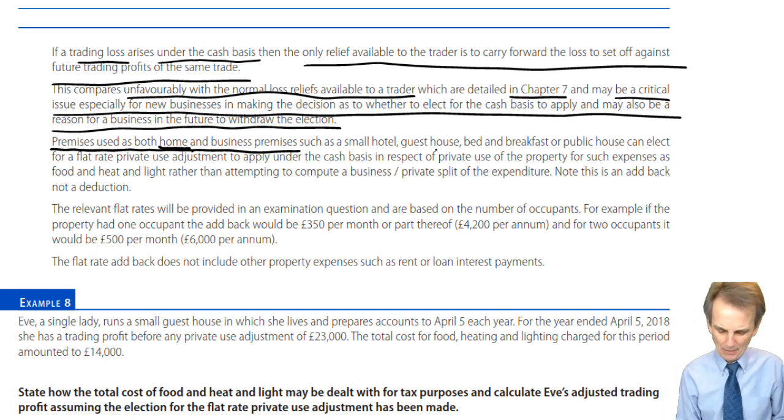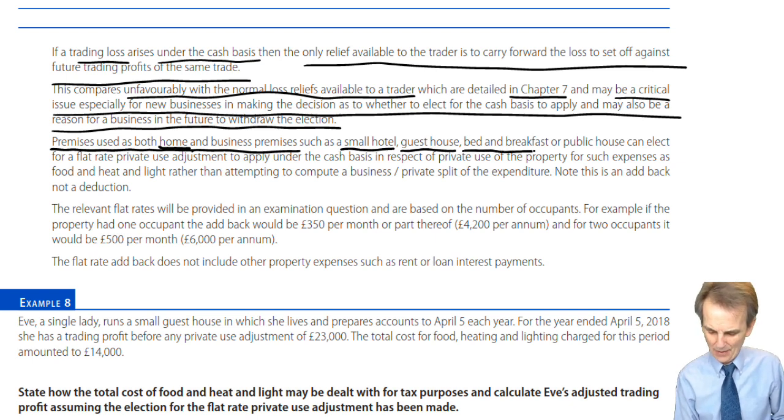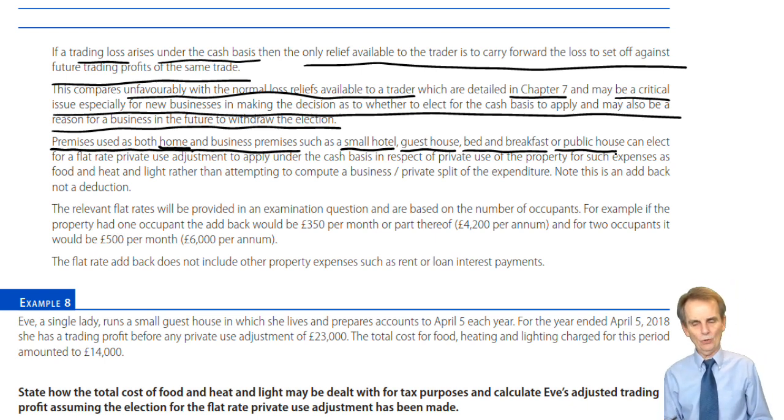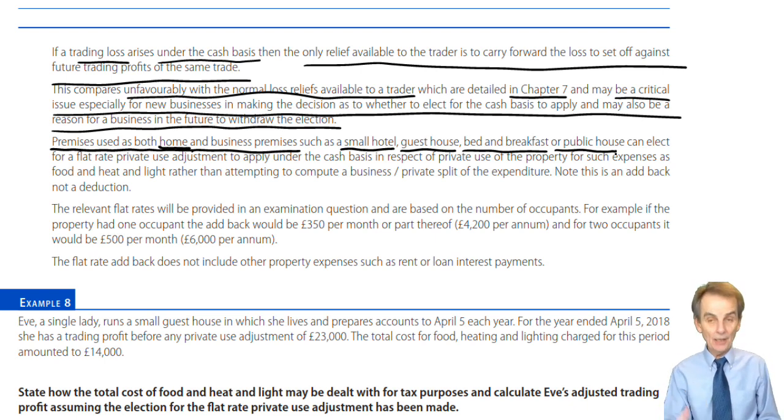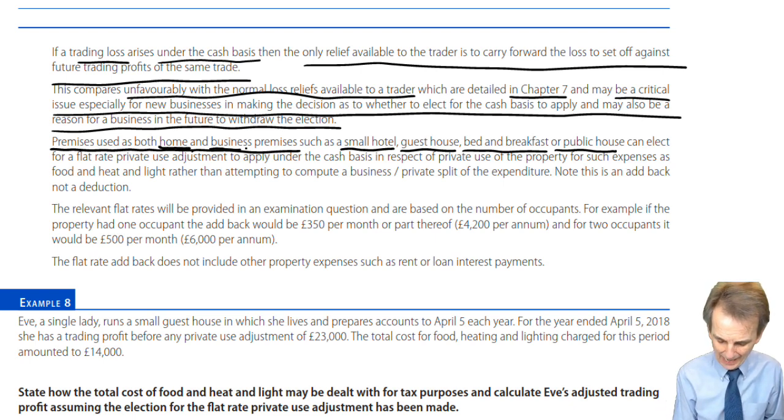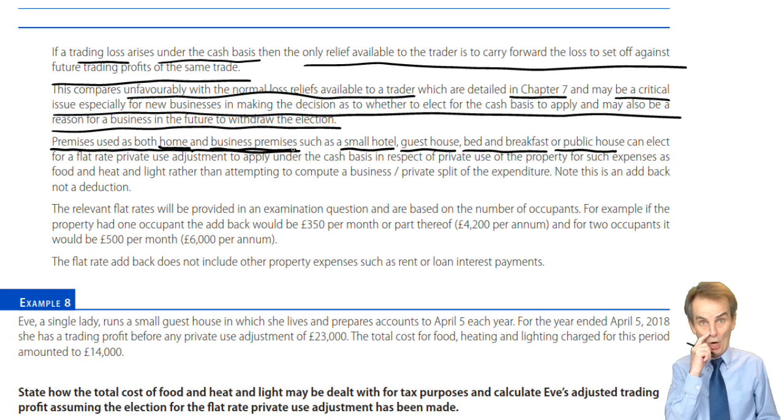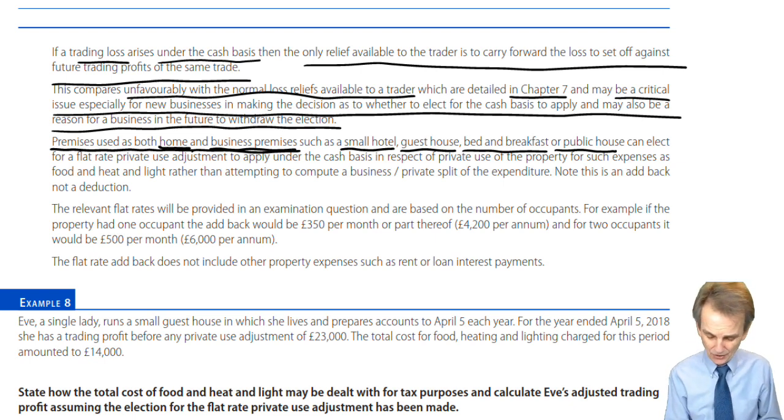No, but the type of businesses we're talking about, you might have a small hotel or guest house or bed and breakfast or public house where the individual whose business it is lives on those premises. So used as both home and business premises. It's only applicable in this circumstance. So the trader lives in the small hotel, the guest house, the bed and breakfast, the public house there.